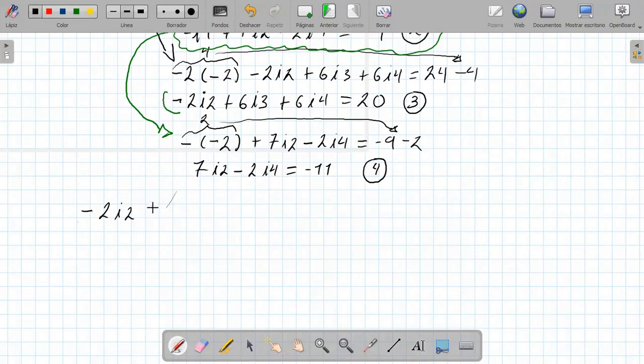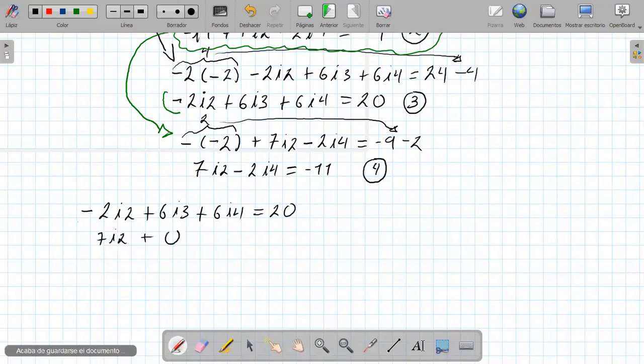So I'm going to put minus 2 I2 plus 6 I3 plus 6 I4 equals 20. Well, I have I2, I3 and I4. From this other equation I have I2 and I4 too. So I can put 7 I2 plus 0 I3 minus 2 I4 equals minus 11.